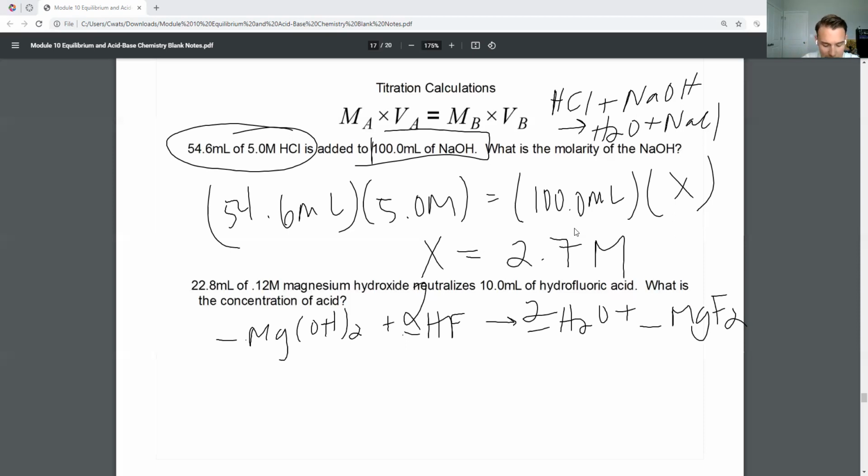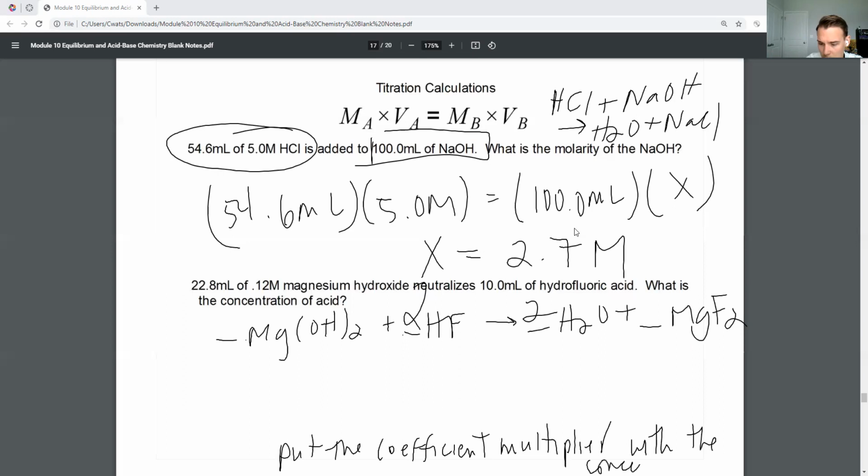So it's not a 1-to-1 ratio. What we're going to do is put the coefficient multiplier with the concentration. What I mean by that.